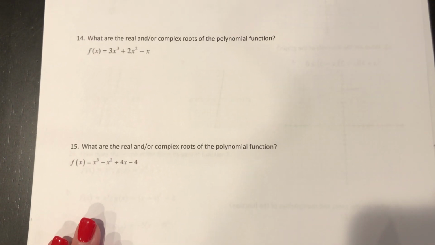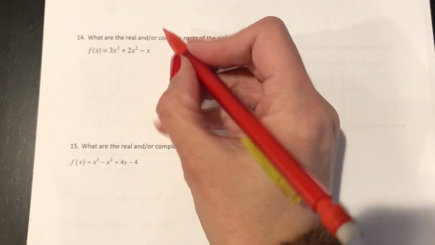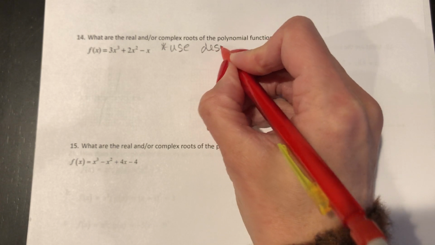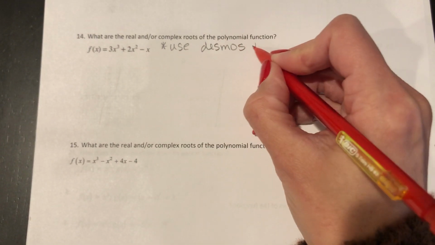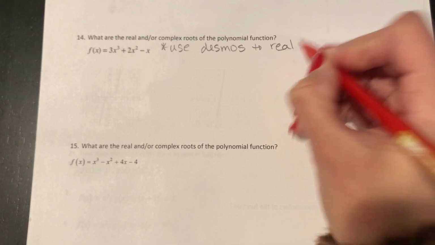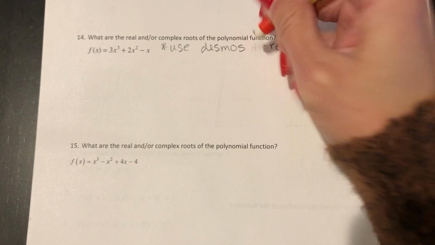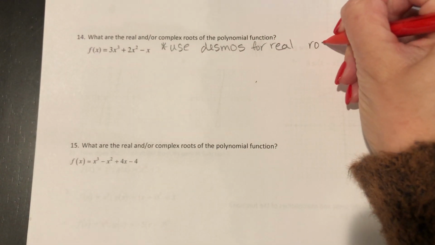It says, what are the real and or complex roots of the polynomial function? So first, you need to plug this into Desmos. So use Desmos to find a real root.